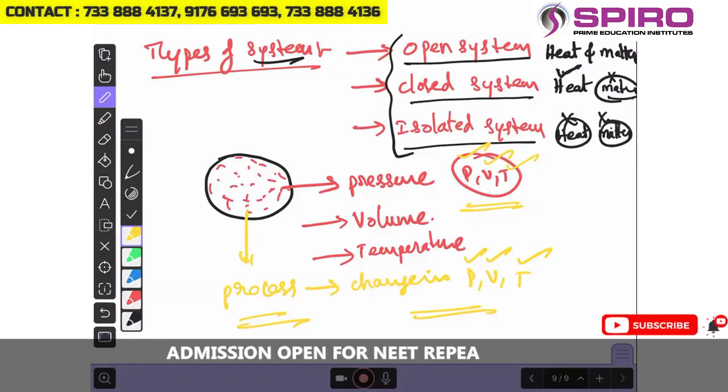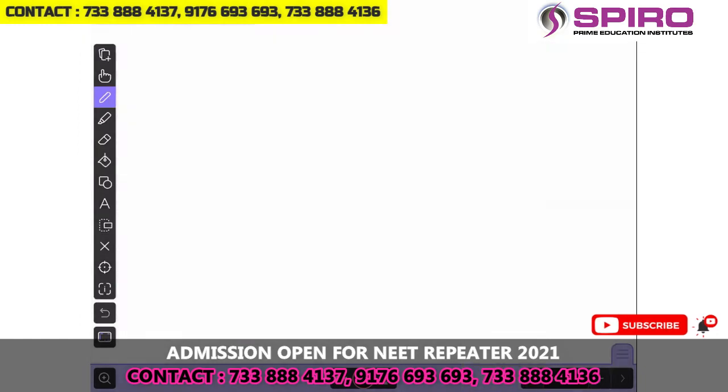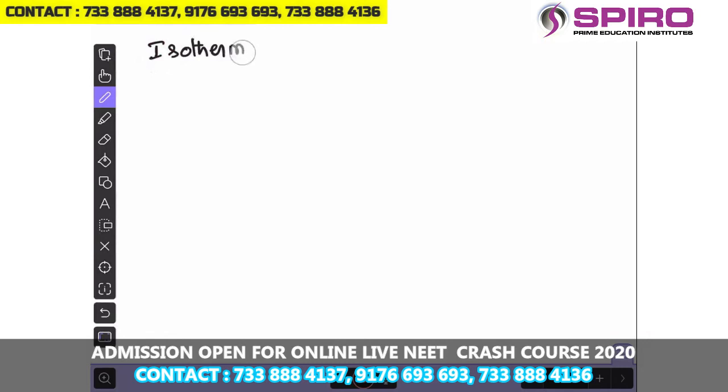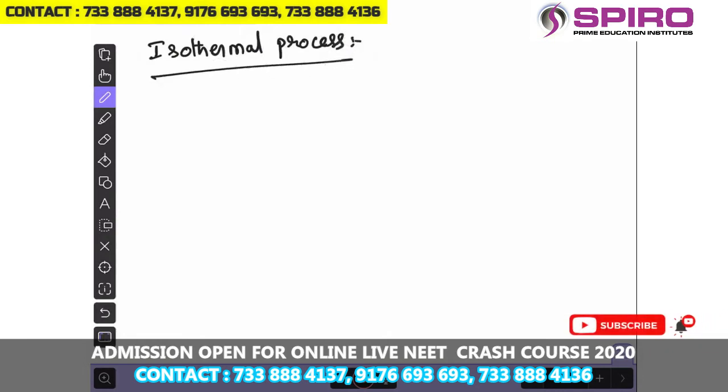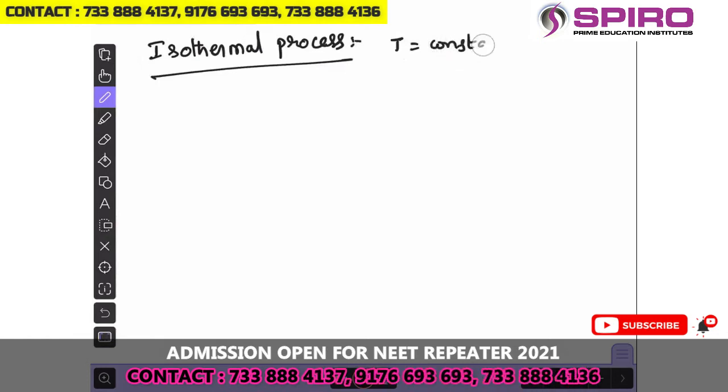The very first thing is constant temperature process. Constant temperature process is also called isothermal process. In the isothermal process, temperature is constant.